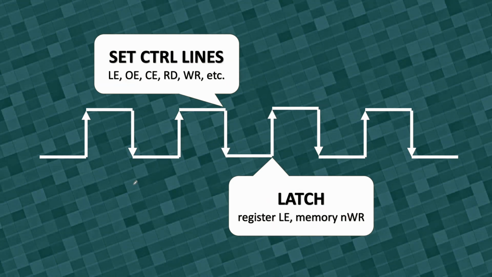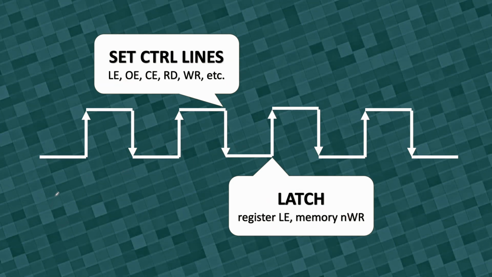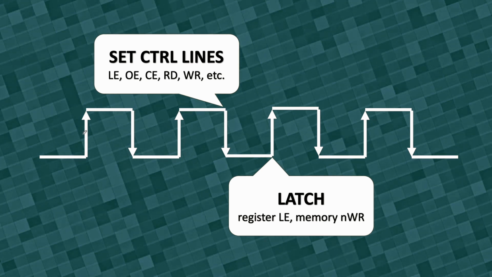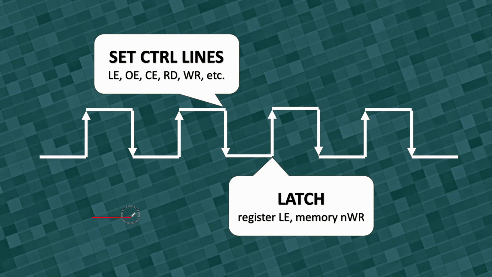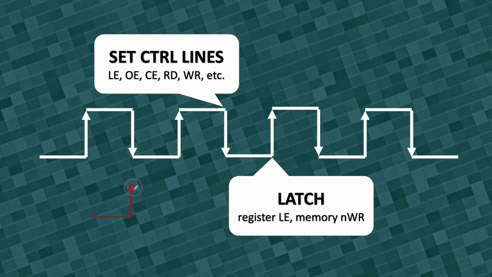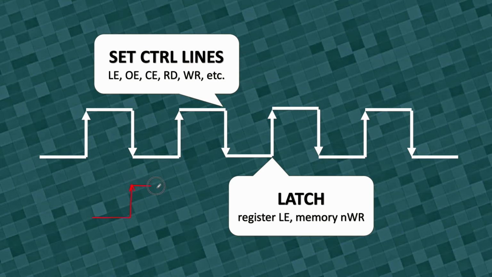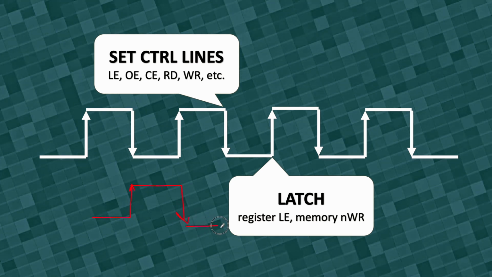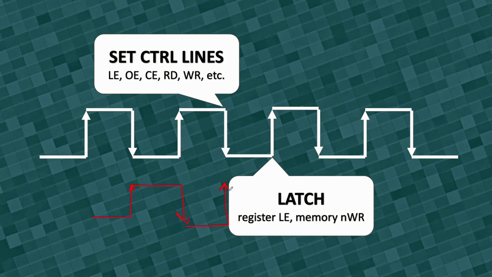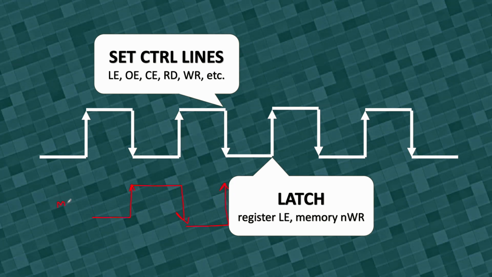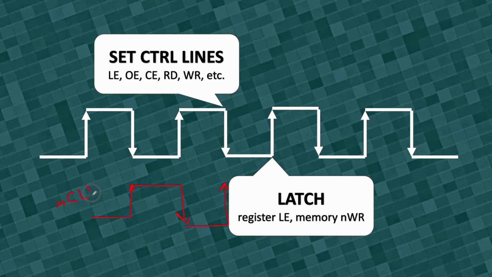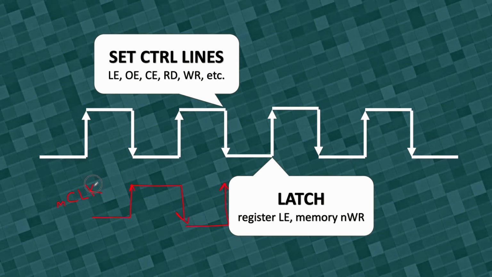In practice, we will have the main clock and we will have another clock, which is the inverse of the main clock. We will have a clock that will have a rising edge as the main clock has a falling edge like this. And I will call it N clock for the negative clock, which is just the inverted main clock.